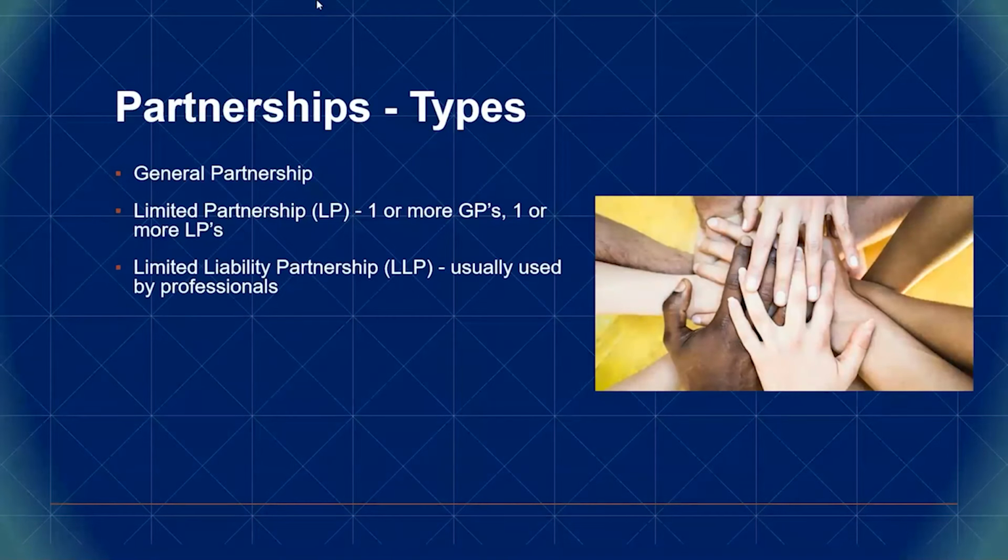There's also something called a limited liability partnership, which became extremely popular in the wake of the Enron debacle that put away one of the greatest accounting firms ever to be on earth, and that was Arthur Andersen and Company.